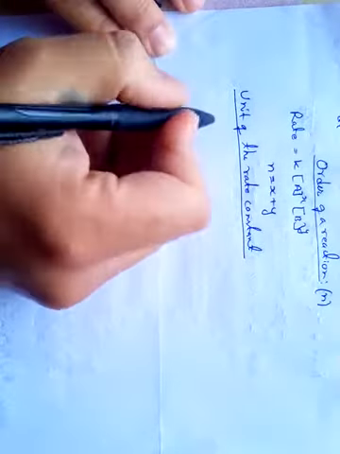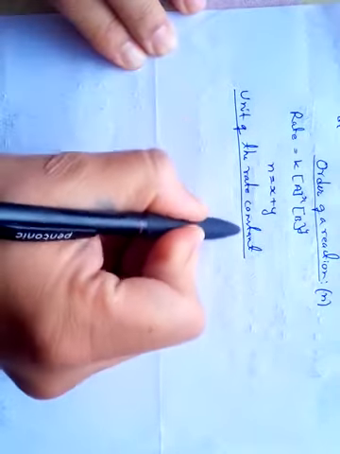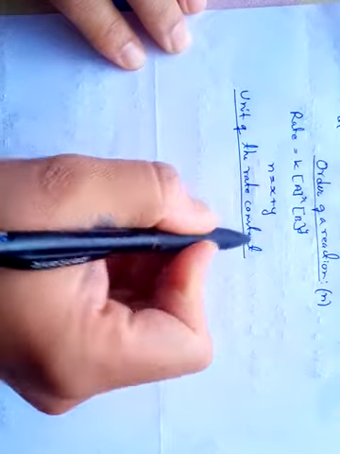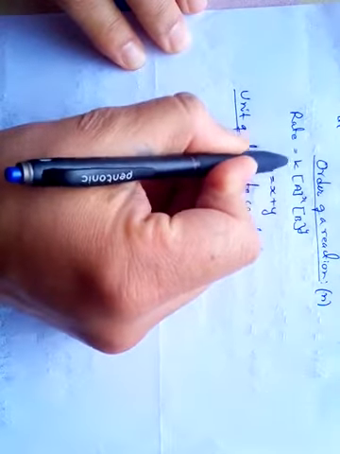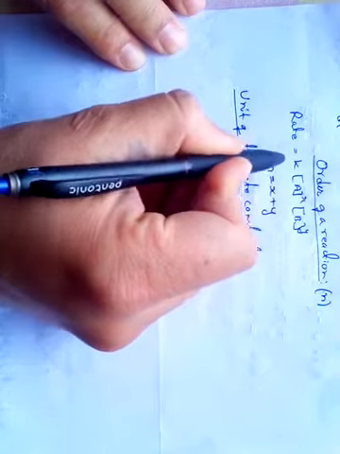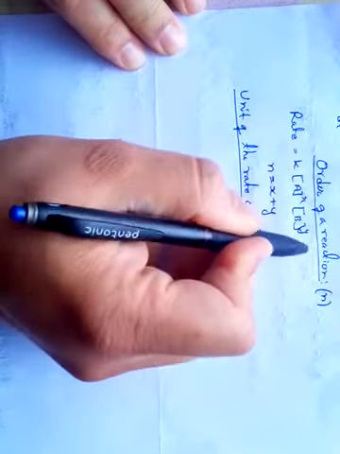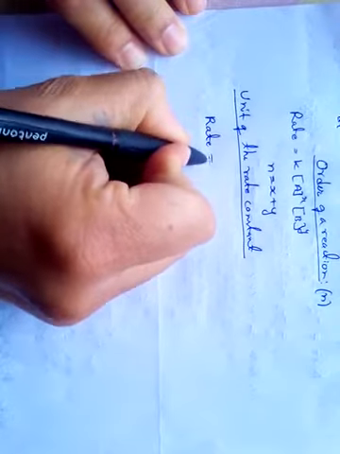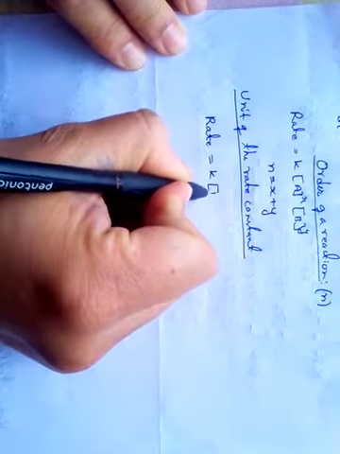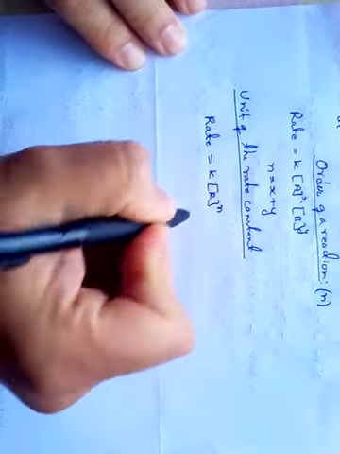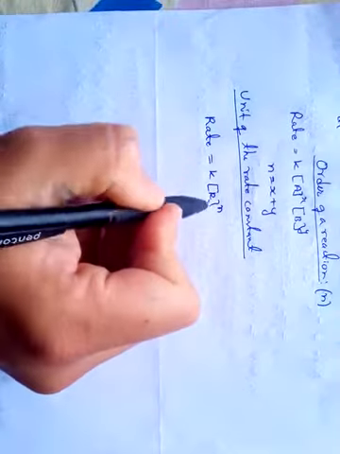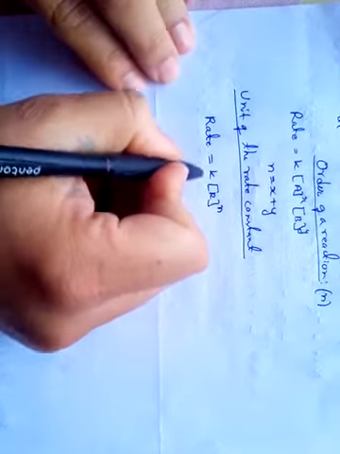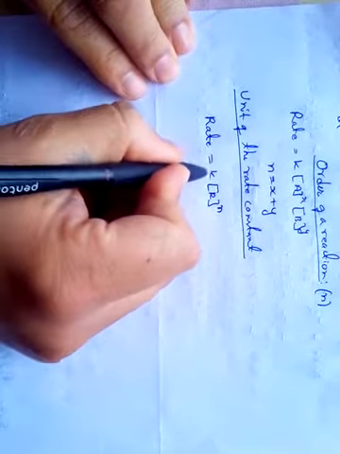Another important term we have to learn is the unit of the rate constant. You have to find the unit of the rate constant because it changes with the order of the reaction. For example, if I write rate equals k times the reactant to the power n, where n is the order of the reaction, we can find the unit of the rate constant.